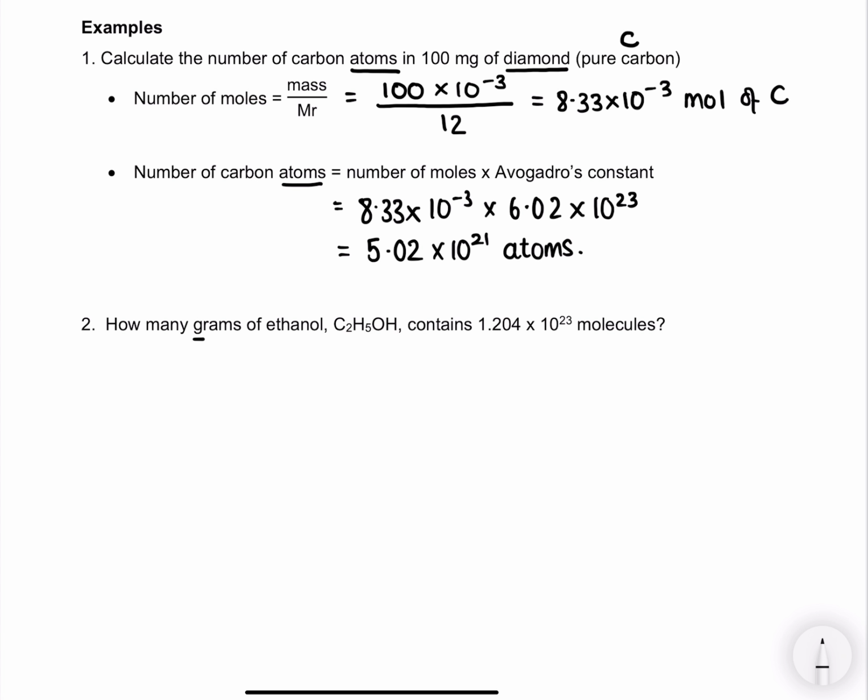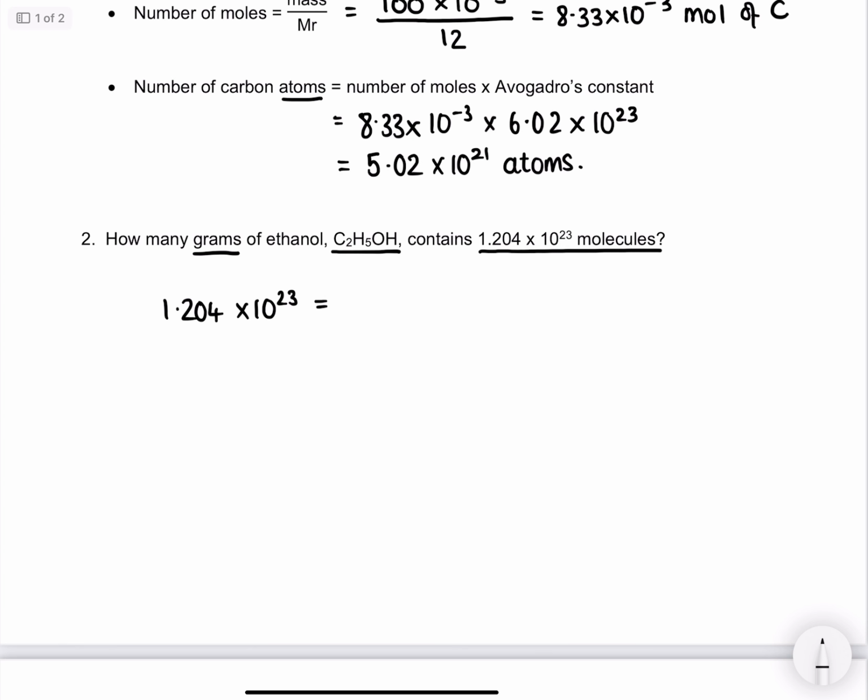How many grams of ethanol contain this many molecules? So this is our number of particles this time, is the number of ethanol molecules. So 1.204 times 10 to the 23 is equal to, if we go back up, our number of moles times by Avogadro's number. So we can find the number of moles by dividing our particles by Avogadro's constant.